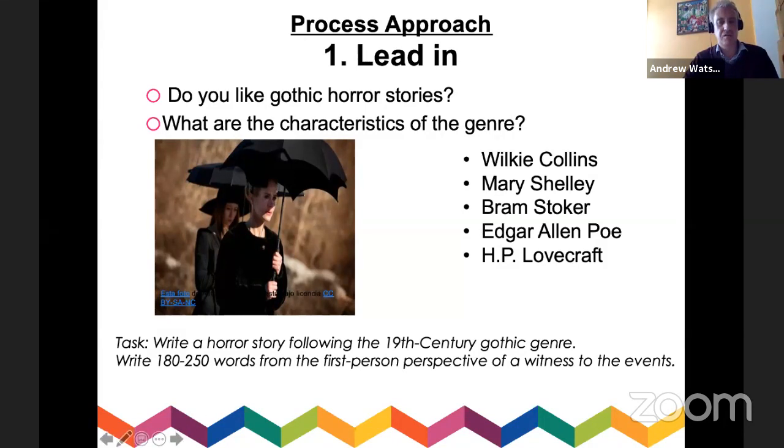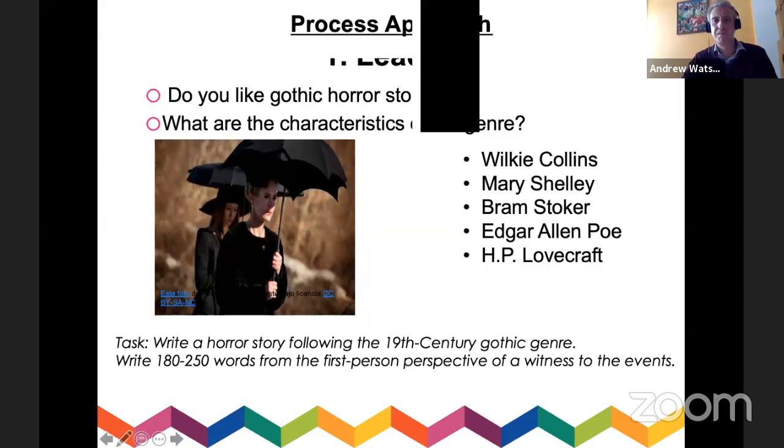So let's look at the process approach. The first thing is a lead in to get them interested in Gothic horror stories, the topic. Have I got you interested? Are you familiar with any of these writers apart from Bram Stoker?